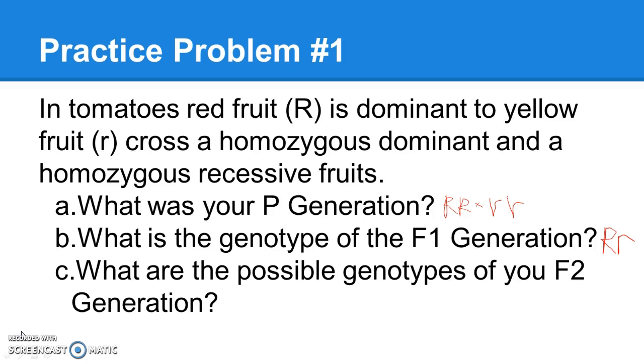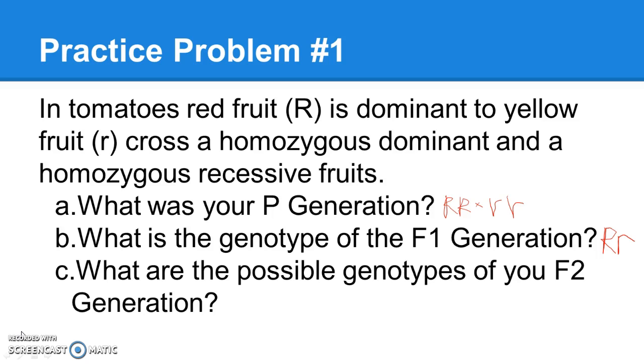Next, on C, what are the possible genotypes of your F2 generation? You need to cross two of the heterozygous genotypes together to see what you get for your F2 generation.